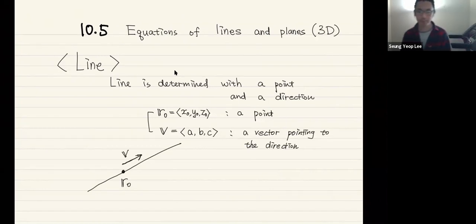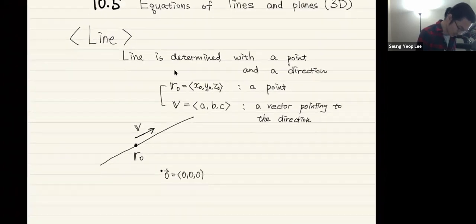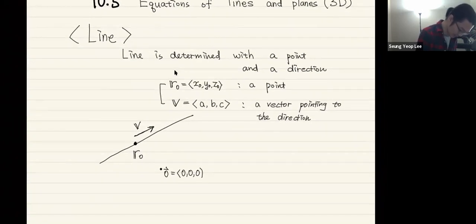Right? So R0 can also be viewed as, somewhere there must be the origin, which is 0, 0, 0. And this R0 is also representing this vector.